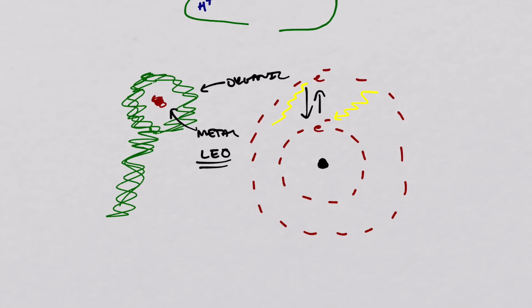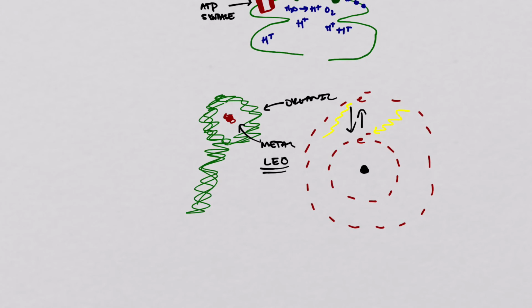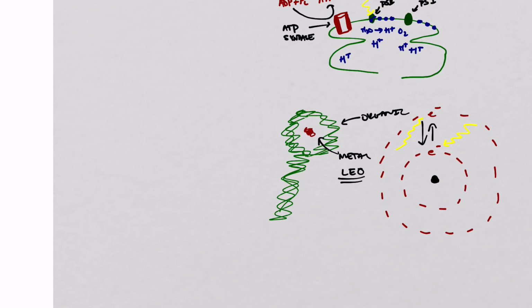Okay, so electrons have this property, and so let's talk about a photosystem. It's composed of many different molecules of chlorophyll, like this one, and they're arranged in a particular fashion, like this.